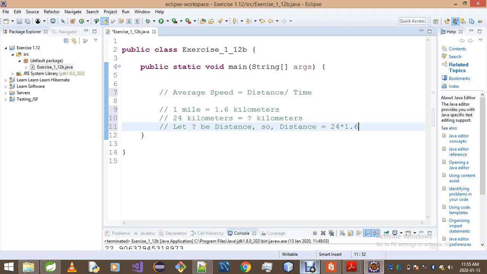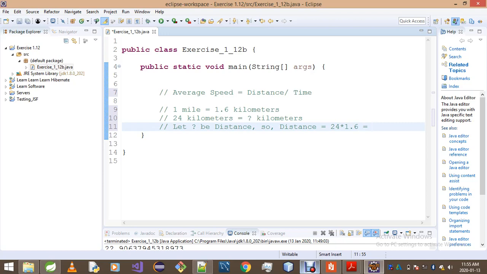What we do here is cross multiply. We say 1.6 multiplied by 24 on our left hand side of the equal sign, and on the right hand side we will have 1 multiplied by this question mark, which we call distance. So that is equivalent to saying 24 multiplied by 1.6 is equal to distance.